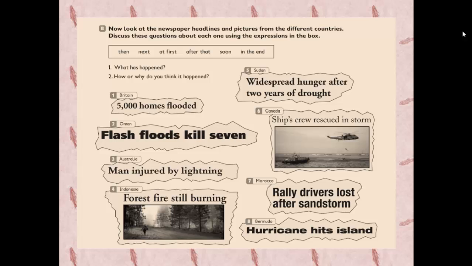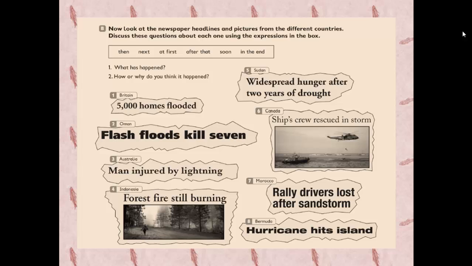Discuss these questions about each one using the expressions in the book. Here we have expressions of time, like then, next, at first, after that, soon, in the end. All these are expressions of time. We want to use these expressions.